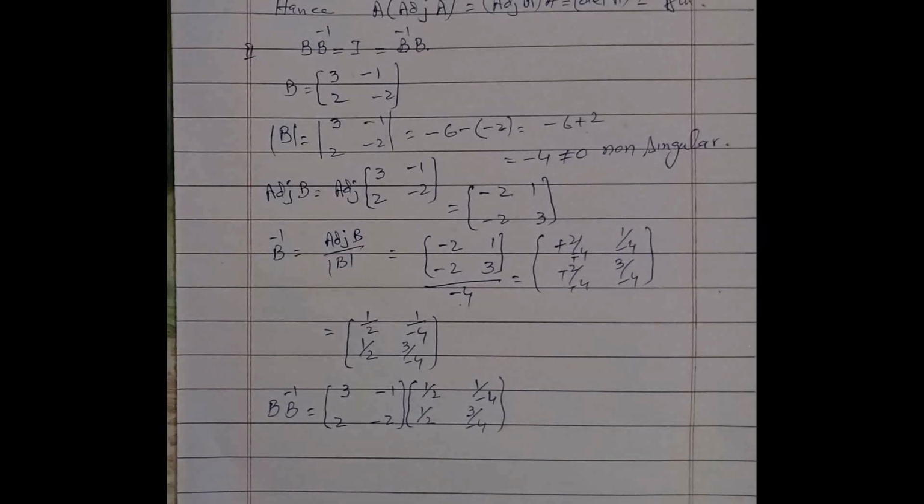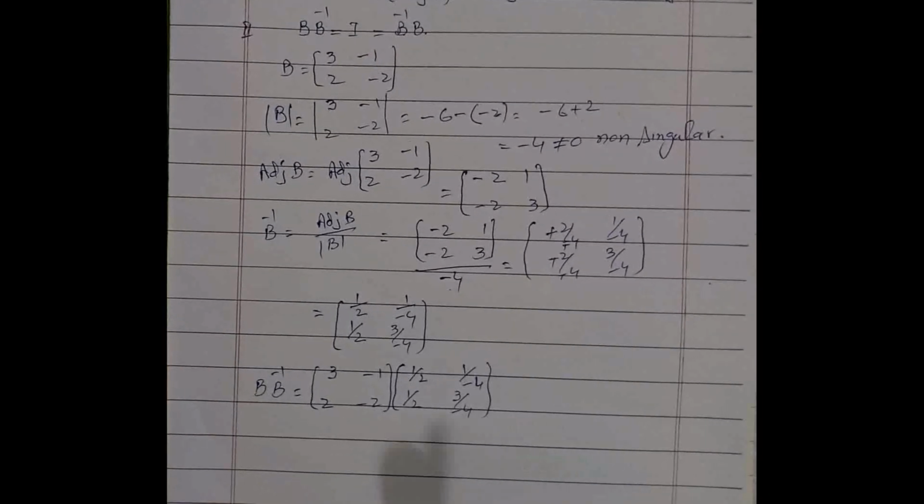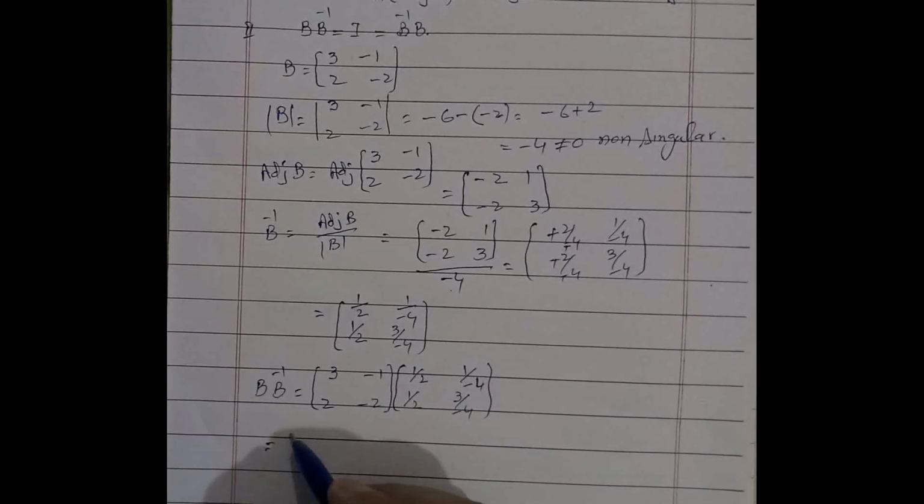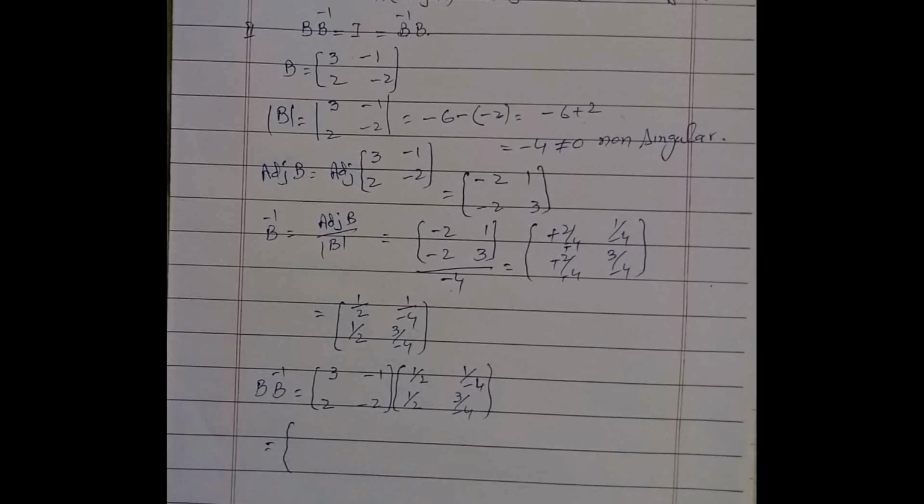Now we multiply B with B inverse, and before multiplying we check the rule. The number of columns of the first matrix and the number of rows of the second are the same, meaning 2 and 2, so they are conformable for multiplication.